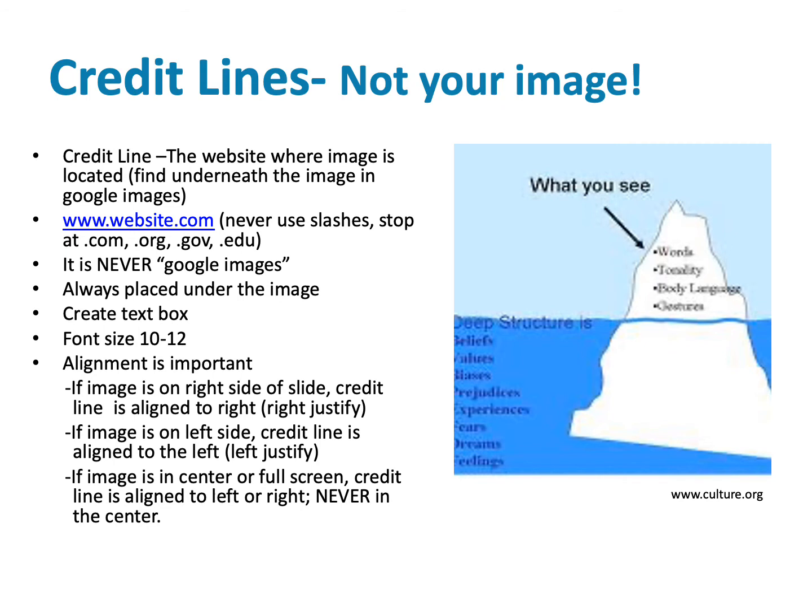If your image is in the middle of your slide or takes up the full screen, you can choose left or right, but it never goes into the middle. Those are our credit line rules, and make sure that you follow those. We love images, so use lots of images.